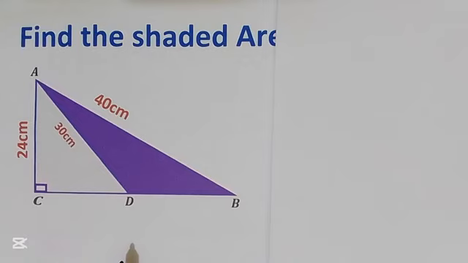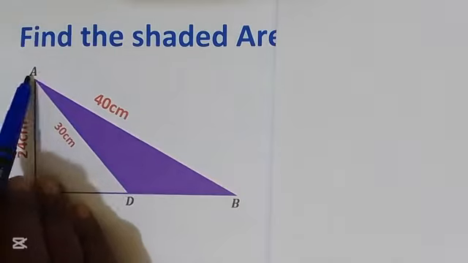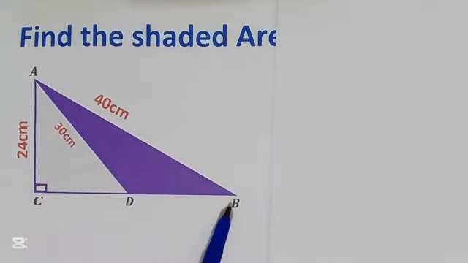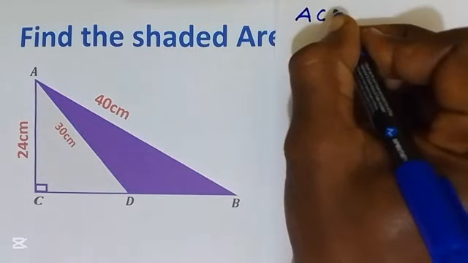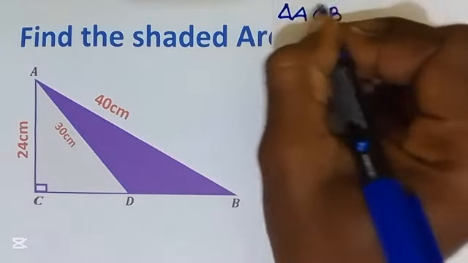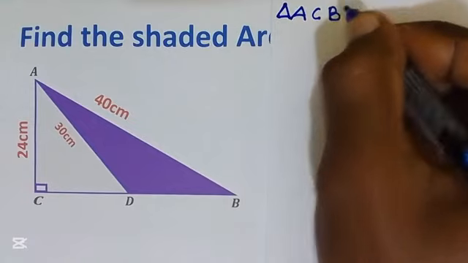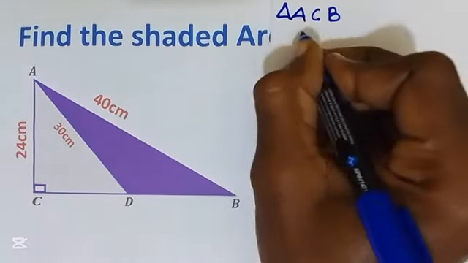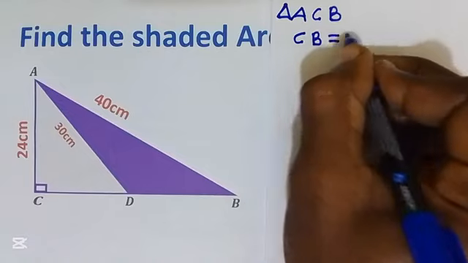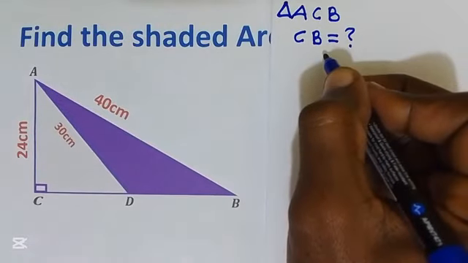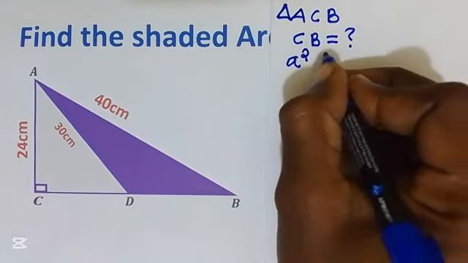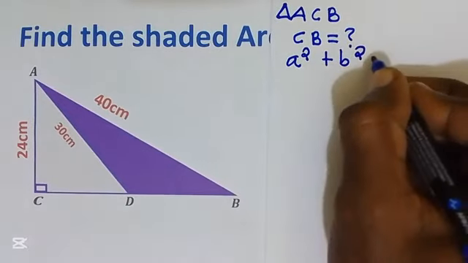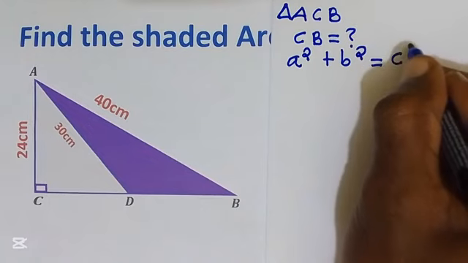First, let us find the distance CB by using triangle ACB. CB equal to what? We are going to use Pythagoras theory, that is a square plus b square is equal to c square.